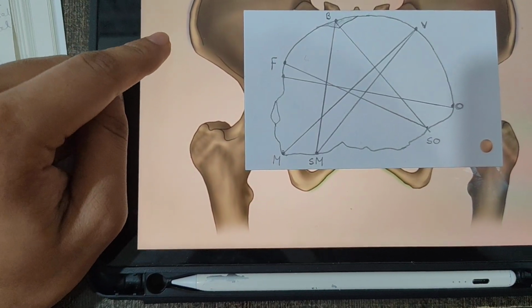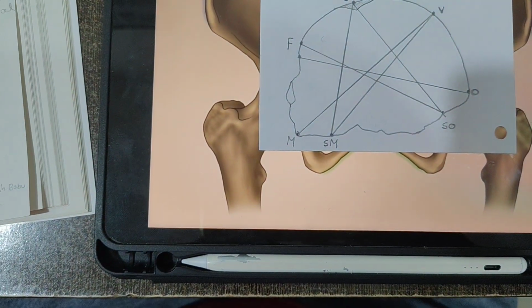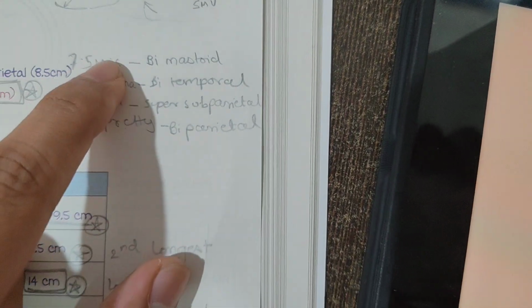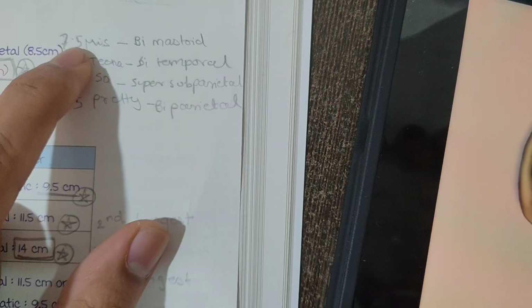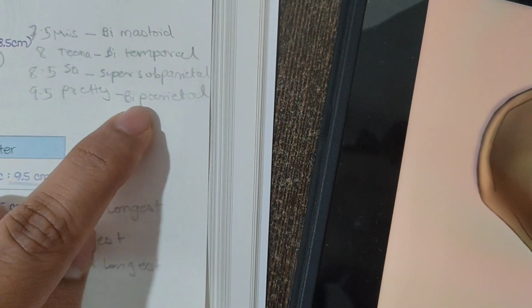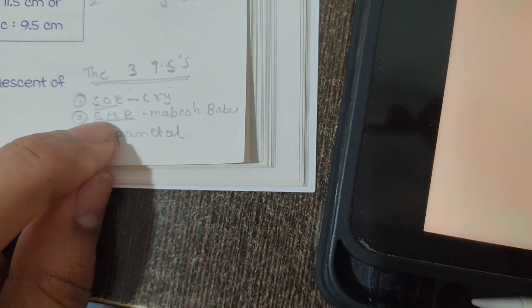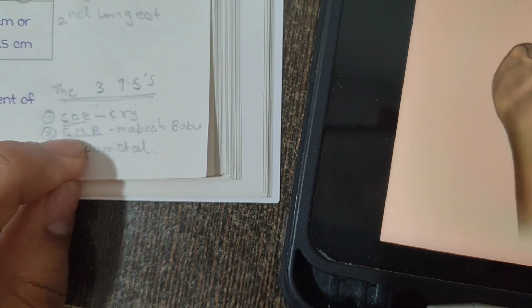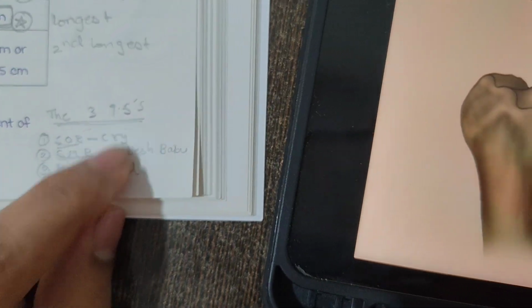So it goes from 7.5, 8, 8.5 to 9.5. I've written it here. So Miss Tina So Pretty, 7.5, 8, 8.5 to 9.5. So the biparietal diameter along with suboccipitobregmatic and submentobregmatic are 9.5s.